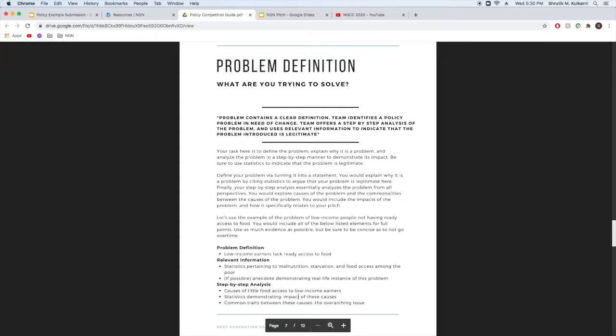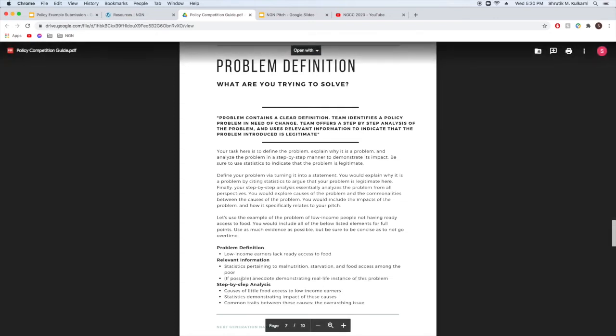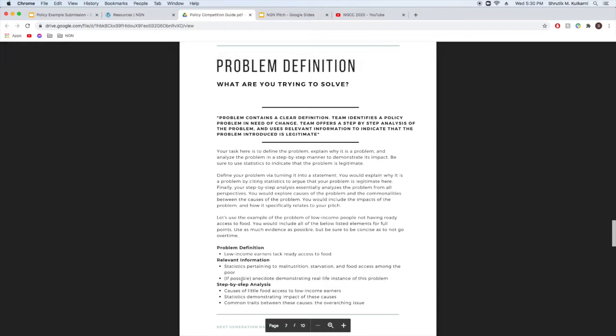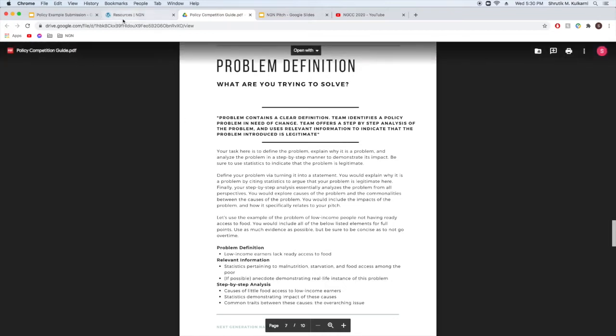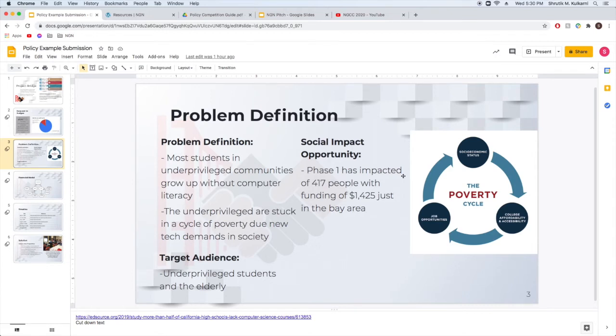Where it's just like causes of little food access to low-income earners, statistics demonstrating impact of the causes, common traits in the causes, what is the overarching issue, right? So if we were to apply this to this exact presentation, what we would do here is I would find statistics relating to how many people don't have access to technology, how many people within the areas that we're targeting are stuck in poverty, and then I would discuss really basic things like because of this, how has the poverty rate decreased over time?